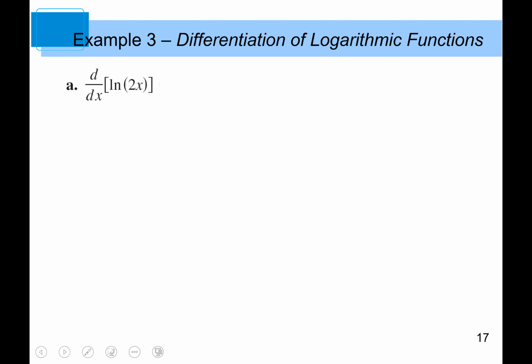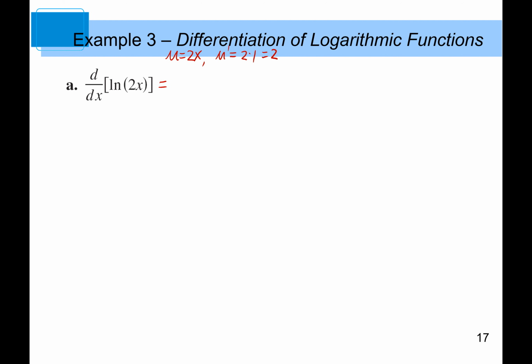So let's take a look at the following examples. I'm going to use differentiation rules to find four derivatives. So here, find the derivative of Ln of 2x. In this case, we know that u is equal to 2x. So u prime is the derivative of x, which becomes 1, so it's 2 times 1 equal to 2.